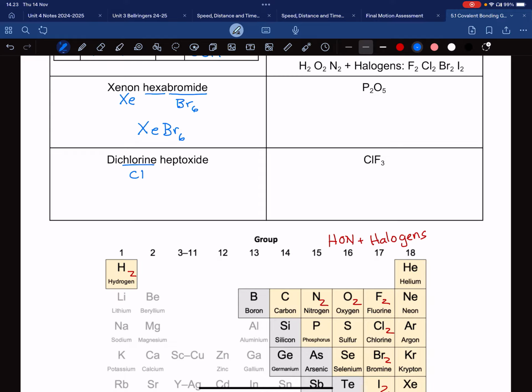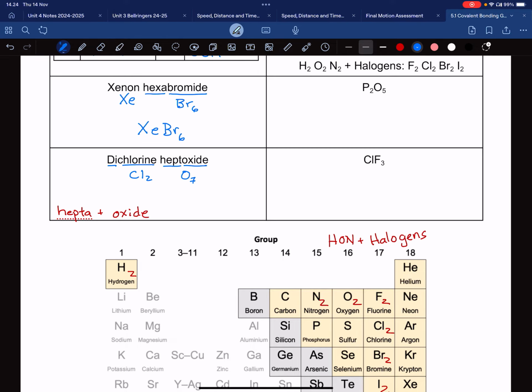Chlorine is Cl, di is 2, oxide is O, hept is 7. Now notice that when you put it with oxygen, you have hepta plus oxide.